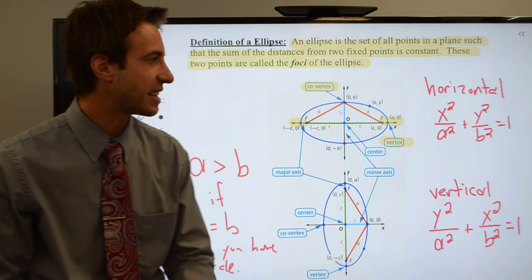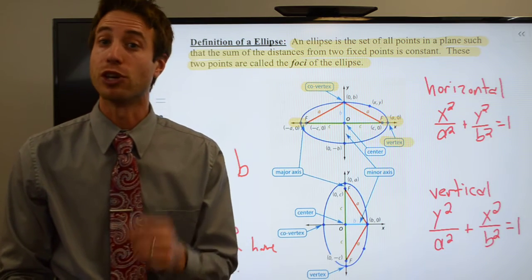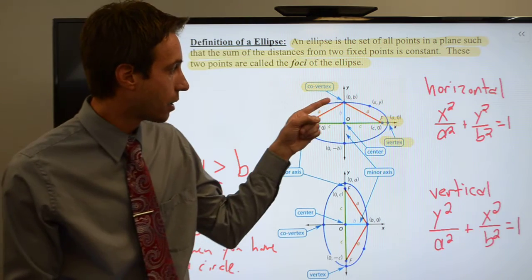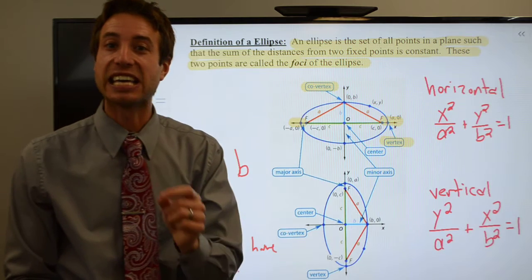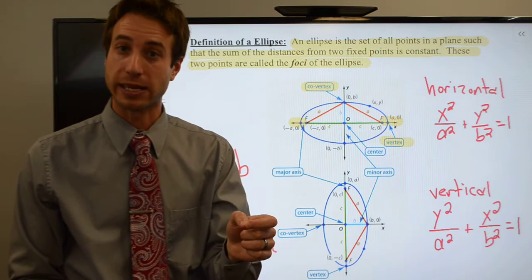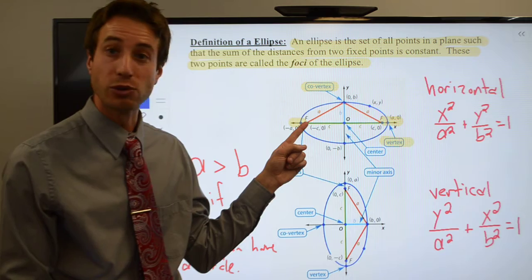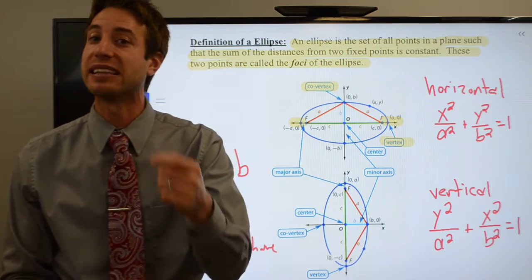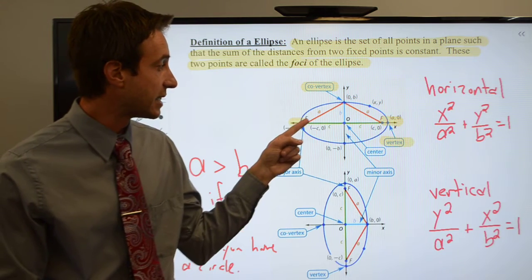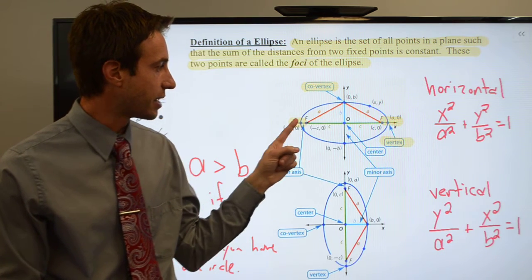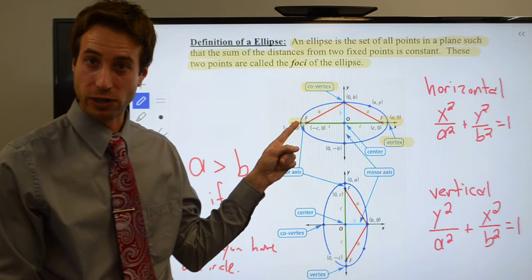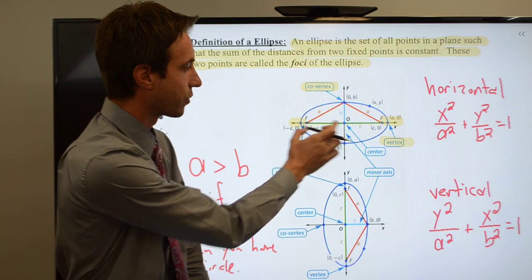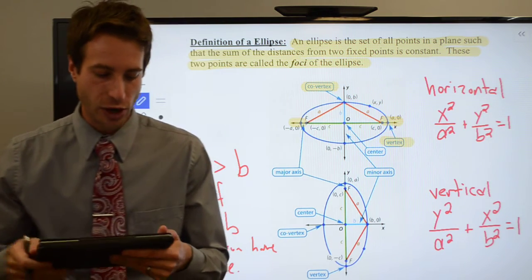Just for example, let's say that in a problem, I give you the coordinates of the co-vertices, so you know B, and I give you the coordinate of the focus, so you know C. If you know B and C, you can use the Pythagorean Theorem to find A, which is the distance from the center out to the vertex, right? If you were to take this red line and drop it down, it would be the distance from the center out to the focus. So let me show you how that works.